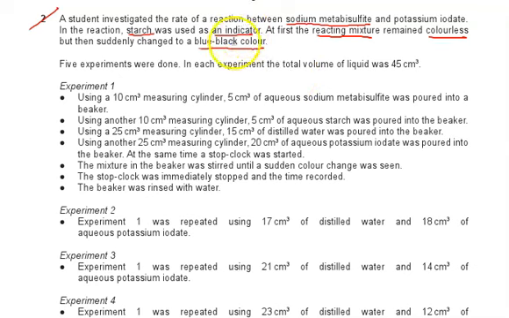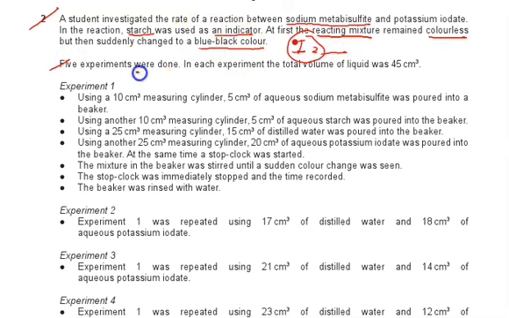The basic concept of this experiment is that when we have iodine in contact with starch, it will change the color to blue-black.